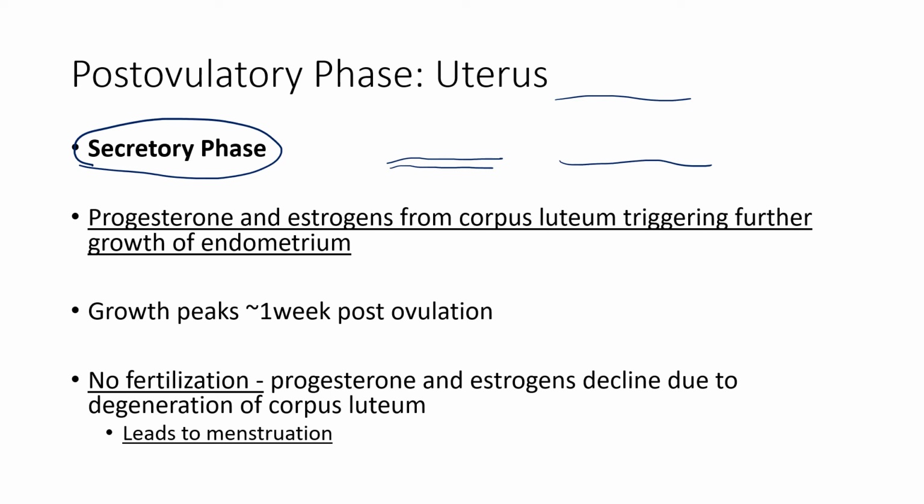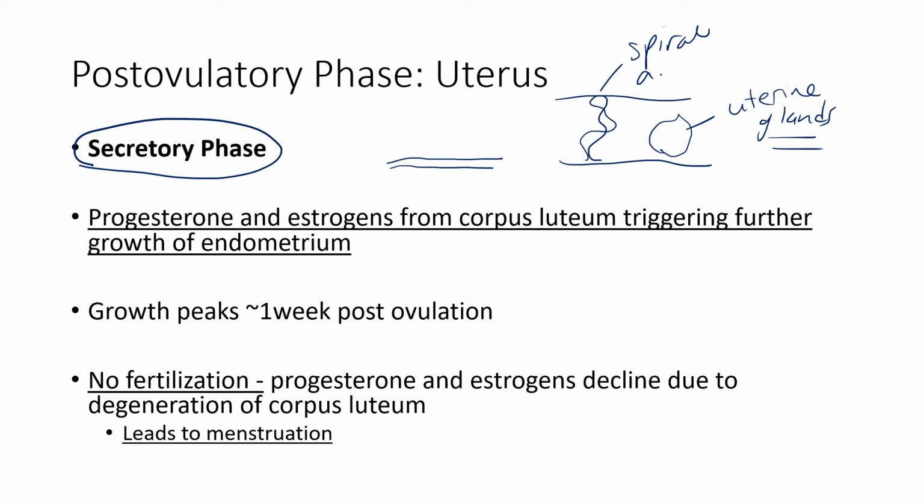So some of the things that are going to happen is we're going to get spiral arteries, okay, which will supply blood. You're also going to get uterine glands, hence the name secretory, which are going to help provide nourishment, okay?